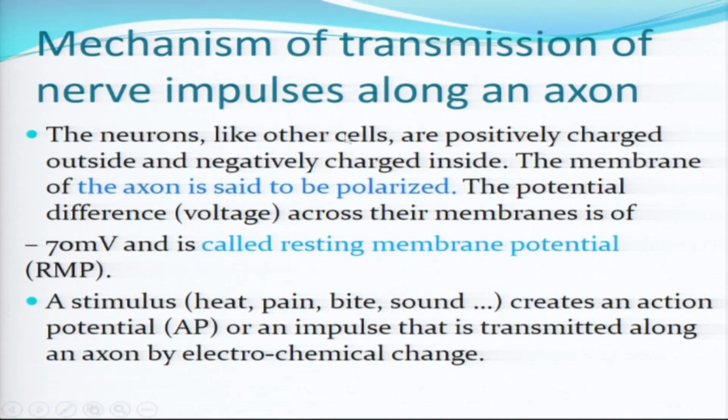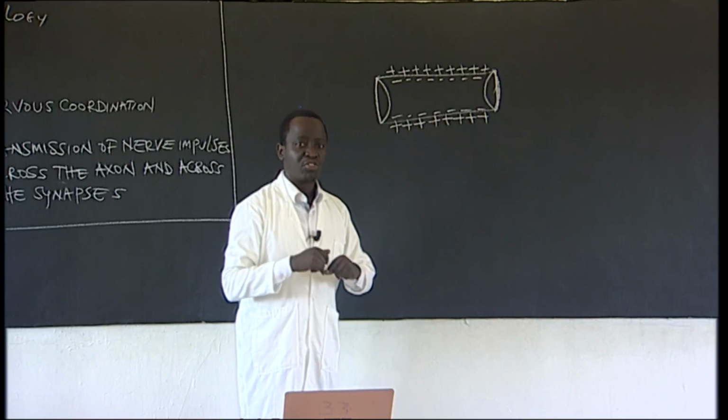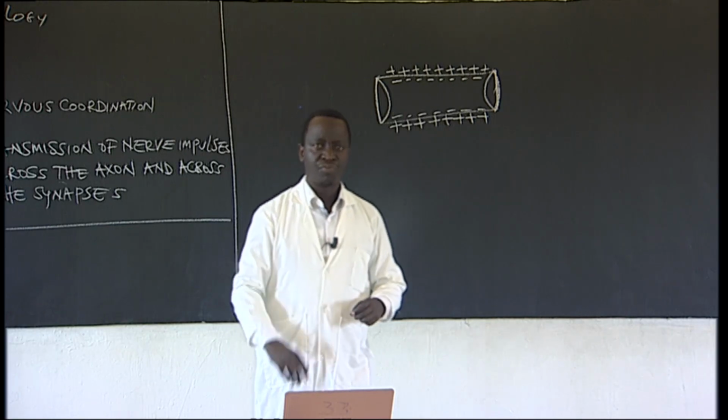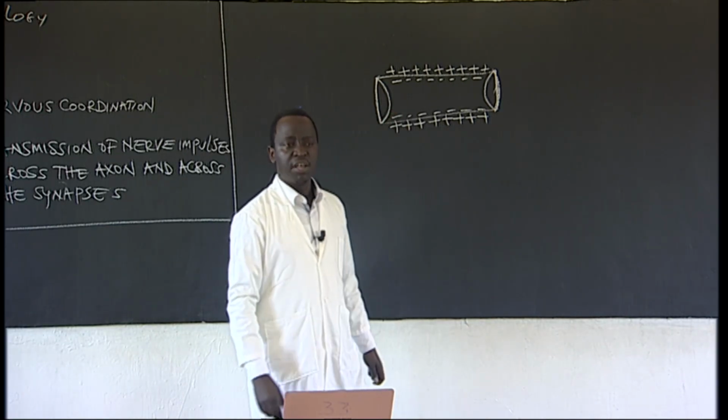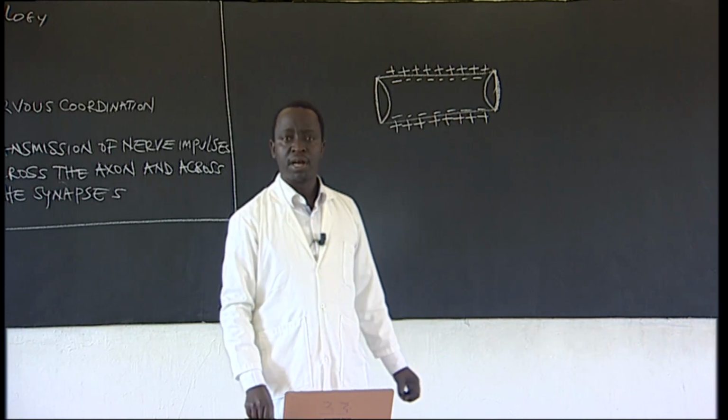Neurons, like other cells, are positively charged outside and negatively charged inside. So the membrane of the axon is said to be polarized. At this stage, there is no message going to pass across the nerve. There is no stimulus. Now you can ask yourself, because we have this positive outside and negative inside, what is the potential difference across the membrane?